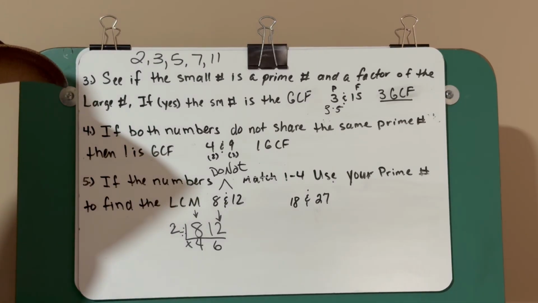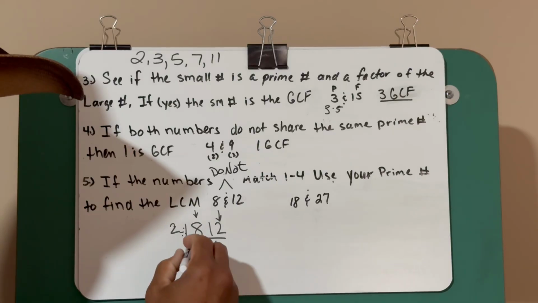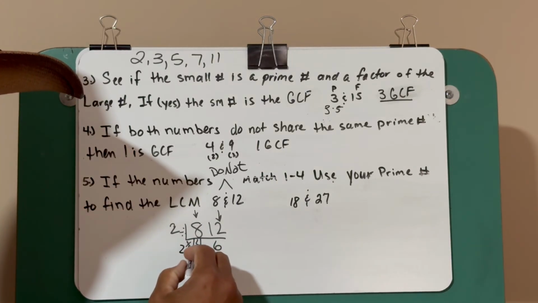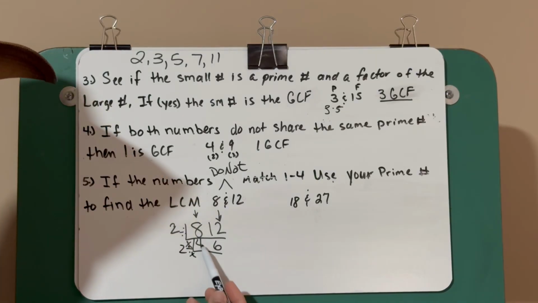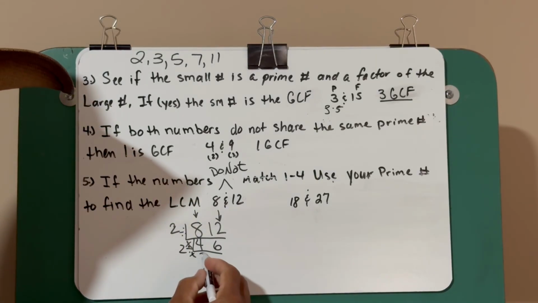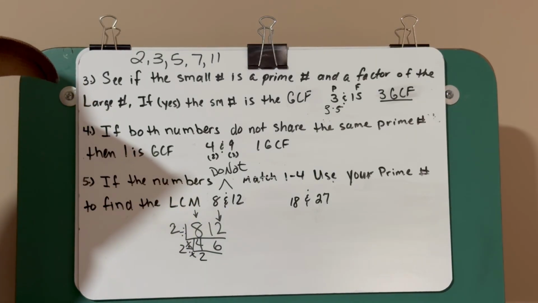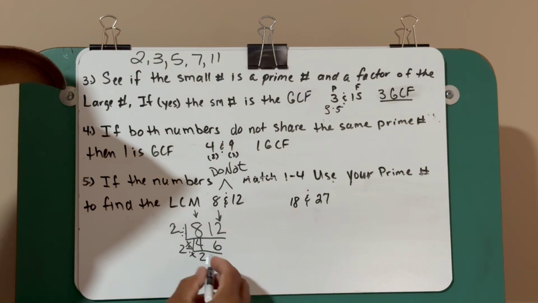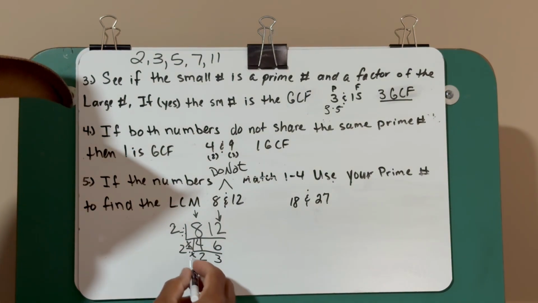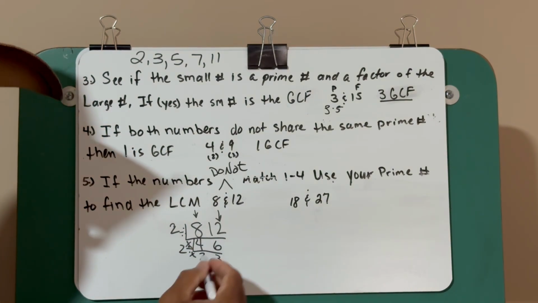I look at both numbers. I see that 4 is an even number, 6 is an even number. So again, they both share 2. So again, I can go 4 divided by 2 is 2, or 2 times 2 is 4, or 6 divided by 2 is 3, or blank times 2 is 6, which is 3.